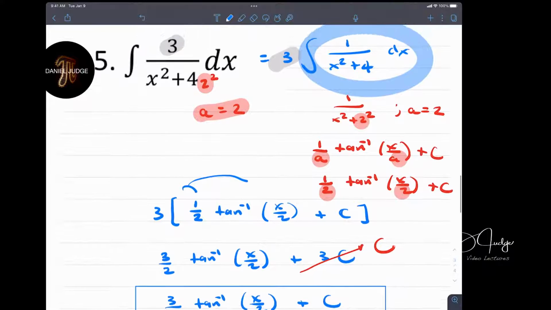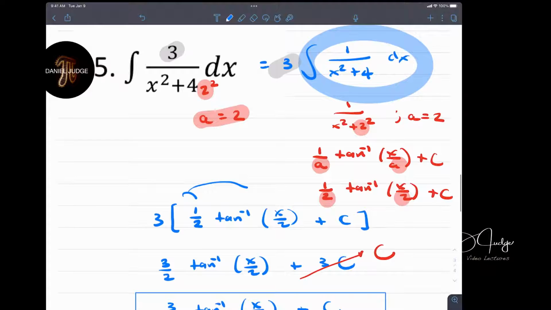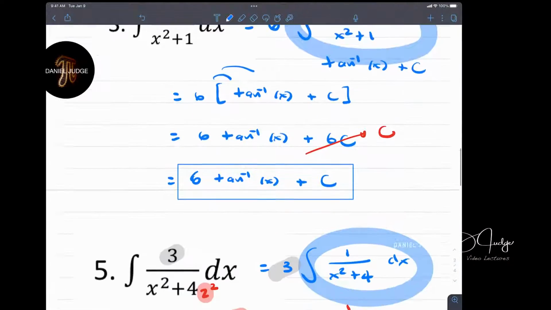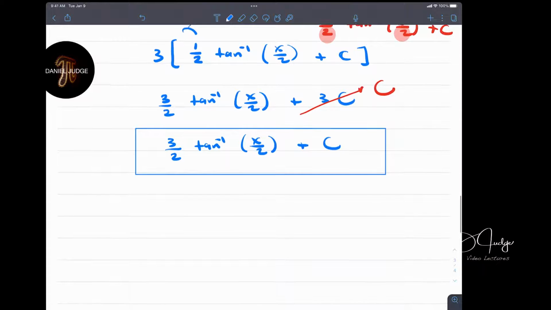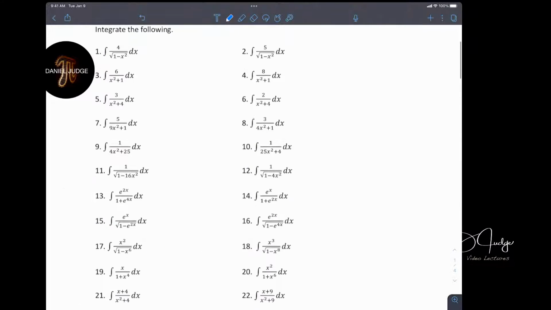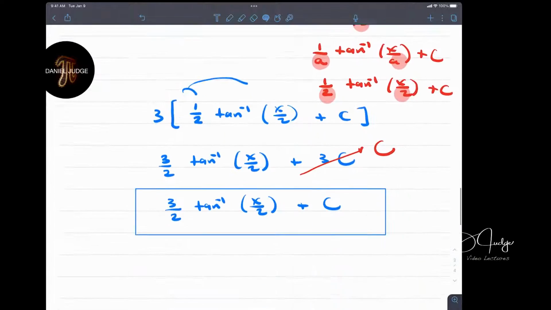This is the integral. And that's number 5. Okay, number 7 now. Number 7 is going to be interesting.